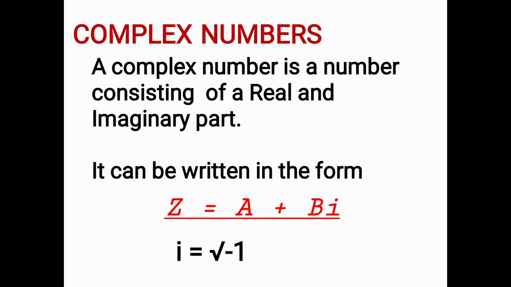First, we should know the numbering system. We know the numbering is real number and imaginary number. Imaginary number is some special number. First time we are coming across this. Example, x square equal to minus 1, then x equal to root over minus 1.